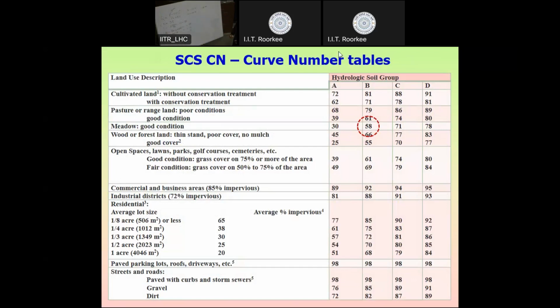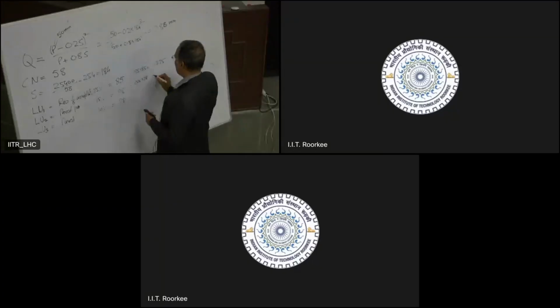Now we can determine what is called the weighted curve number. For that, we multiply 0.75 into 85, which is 63.75, and 0.15 into 98, which is 14.7.